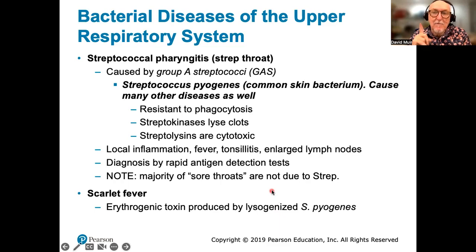But here's something really, really interesting about these streptococci. And that is they are subject to infection by a lysogenic virus. Now remember what the lysogenic life cycle was.